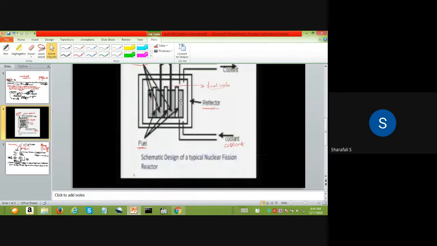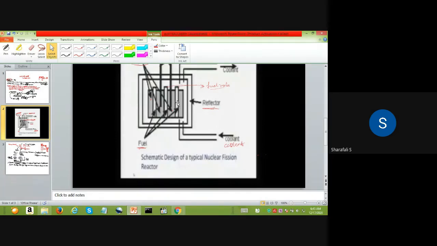So in order to reduce the energy of the neutrons coming out from the fission process, which is in the mega electron volt range, into thermal energy, we use these moderators. Multiple scattering, reflection and collisions happen inside this moderator, and the energy of the neutrons is lowered to thermal neutrons, and then they come to the fuel rod again, and fission happens again.